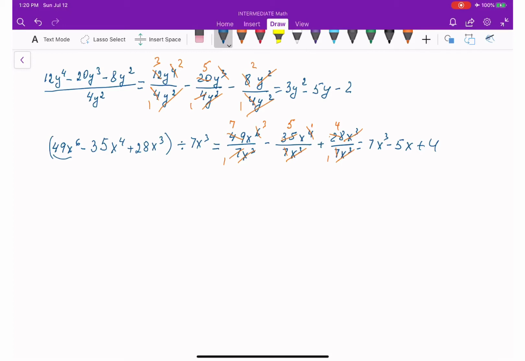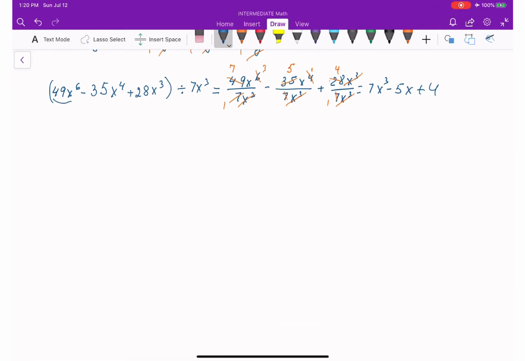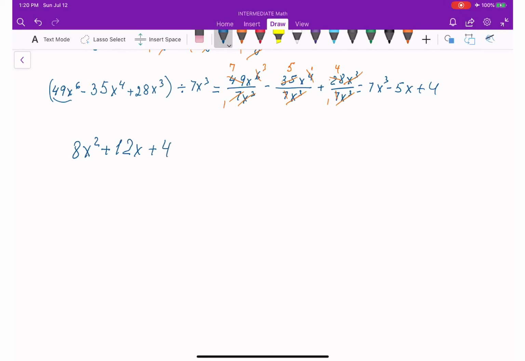Next, let's do more advanced division, which is division by binomial. Let's take 8x squared plus 12x plus 4 divided by 2x plus 1.